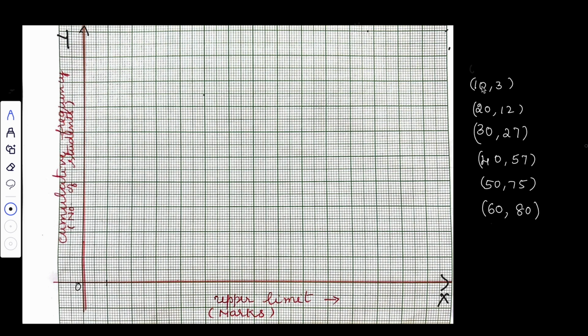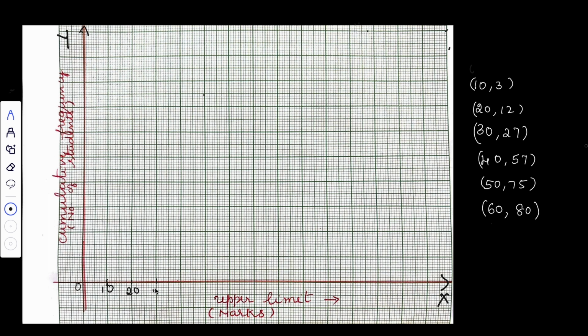The first column is the upper limits, and the second column is the cumulative frequency. We take upper limits on the x-axis, that is marks, and on the y-axis we take cumulative frequency, that is number of students.